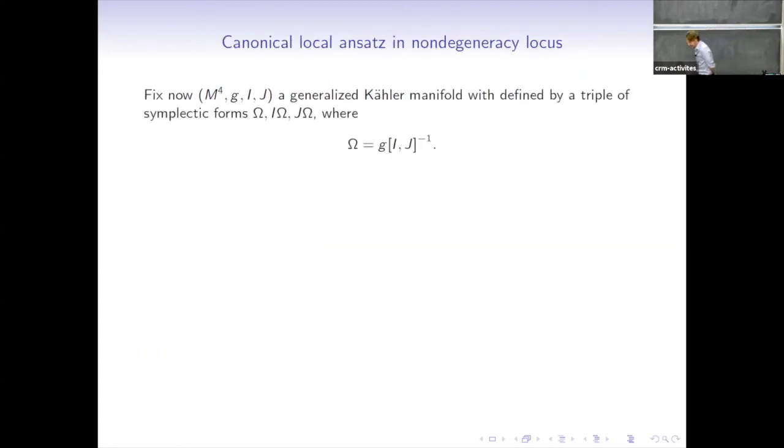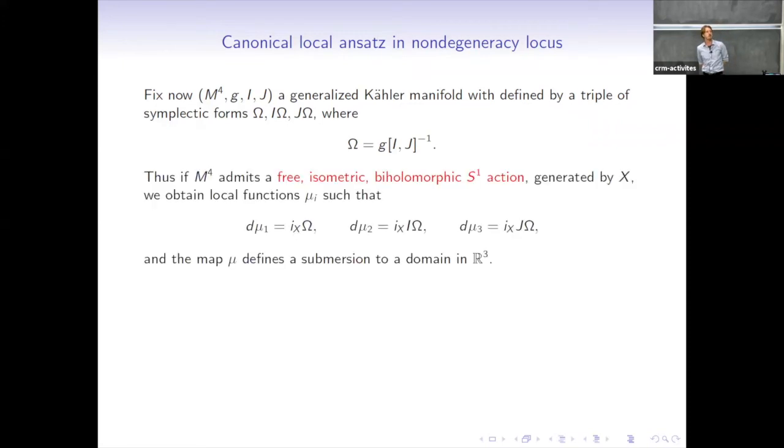And that's precisely the setup of Gibbons-Hawking. If you have a hyperkähler manifold with a triholomorphic Killing field that preserves everything, then you get this beautiful construction of Gibbons-Hawking, and we can generalize that to this setting. So again, I'll fix a generalized Kähler manifold and this triple of symplectic forms, where big omega is as defined before.